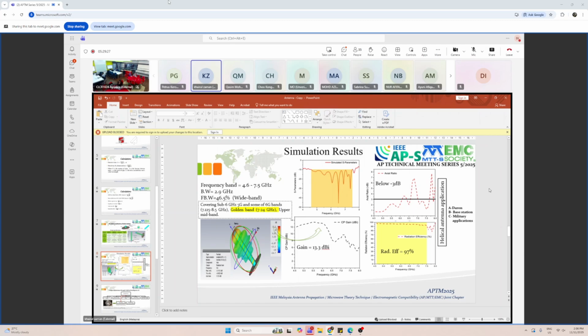One of the advantages of the helical antenna is that it provides high radiation efficiency. As we can see here from the result, the radiation efficiency that we have achieved is 97%.